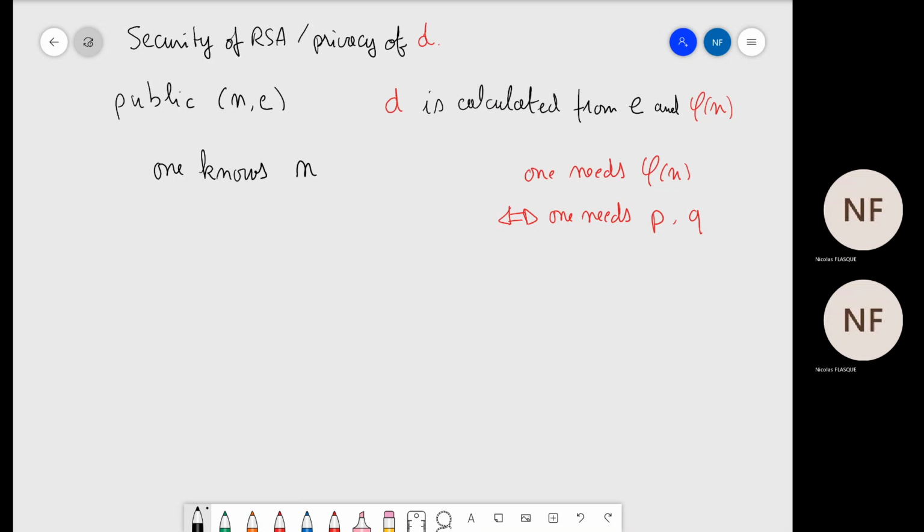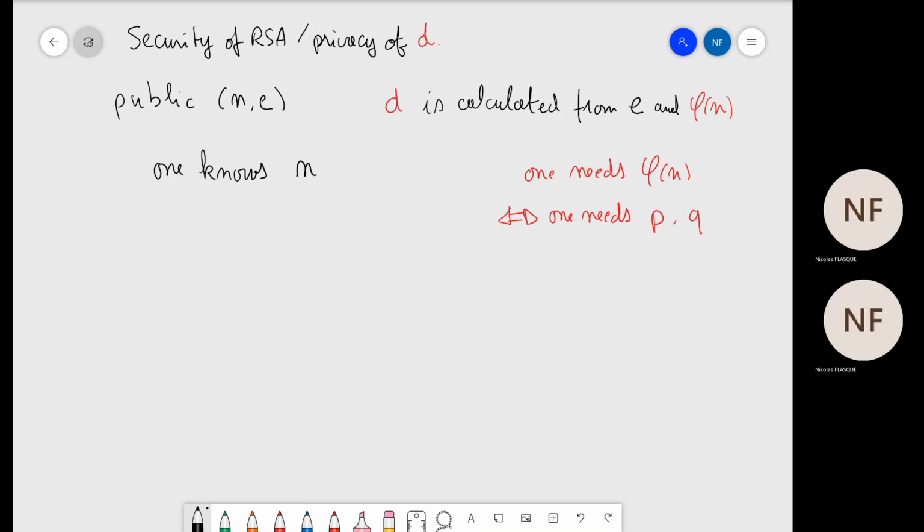So the problem of knowing D is equivalent to the problem of knowing P and Q. And that's where things are very interesting: from the value of a number, one can easily tell if it's a prime number or not, but it's very, very, very difficult to get a decomposition of this number. If you choose P and Q and calculate N as P times Q, it's very easy.